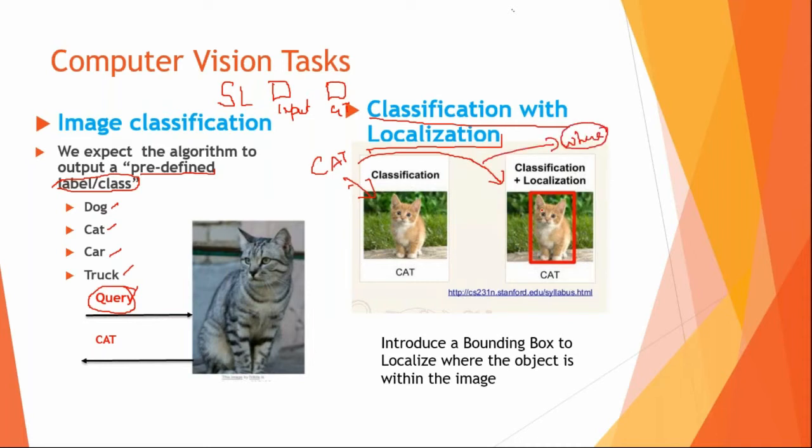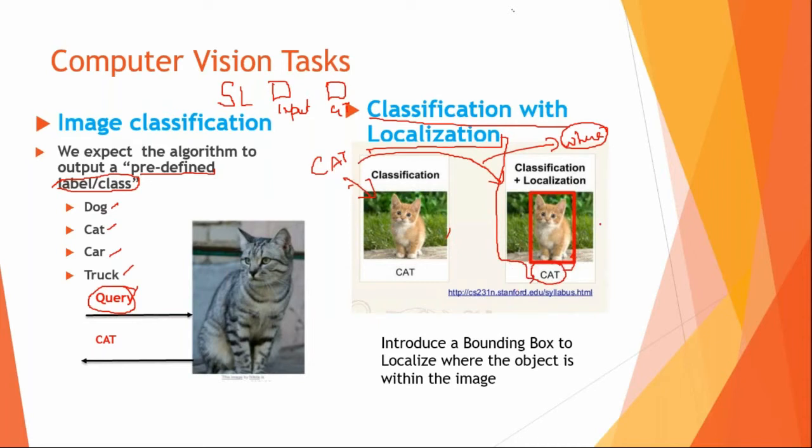The moment they found out which particular pixels or regions belong to that cat, they drew a bounding box on top of it and said, this particular region belongs to the cat. And this is called localization.